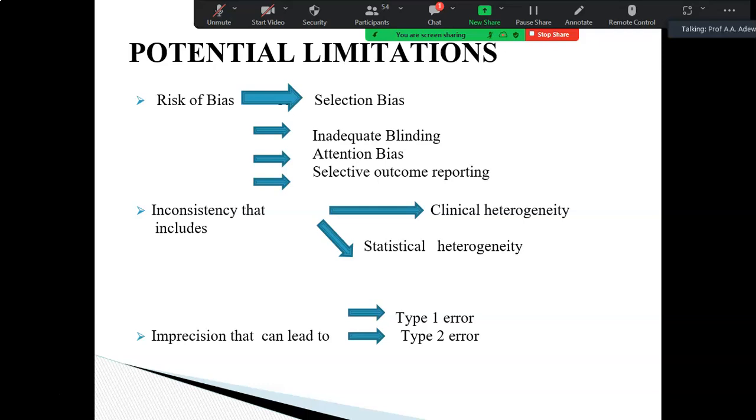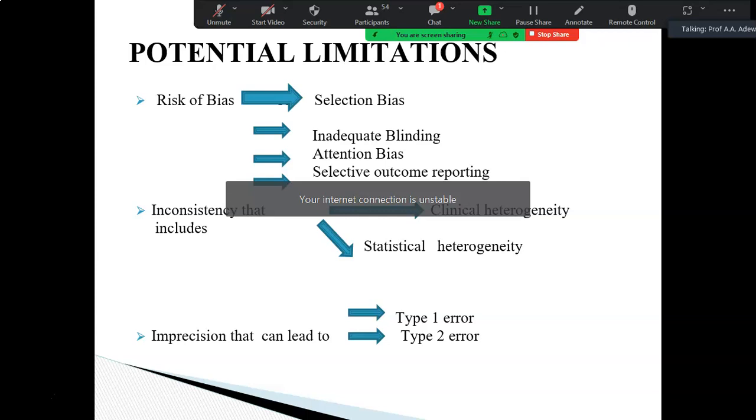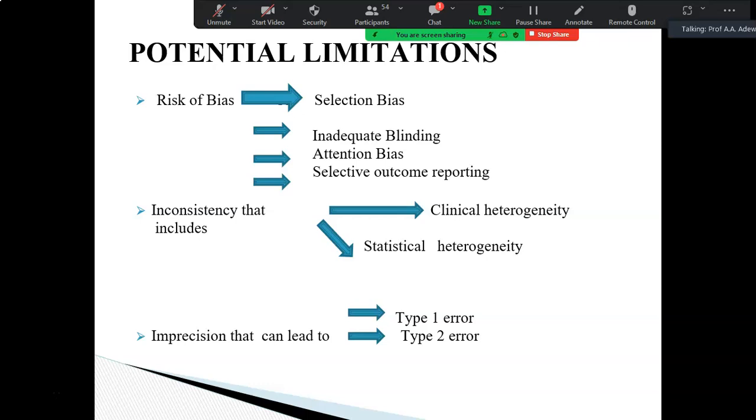What are the potential limitations of systematic reviews? We have risk of bias, selection bias, inadequate blinding, attrition bias, and heterogeneity. You see, when we talk of heterogeneity, we are picking studies that have different methodologies, different inclusion criteria, different exclusion criteria.